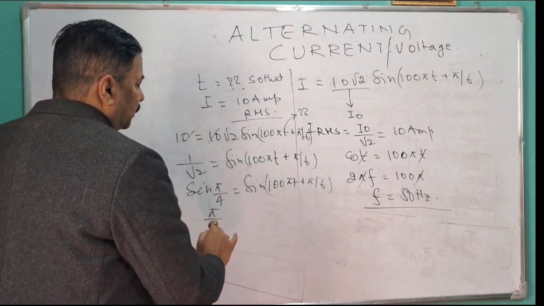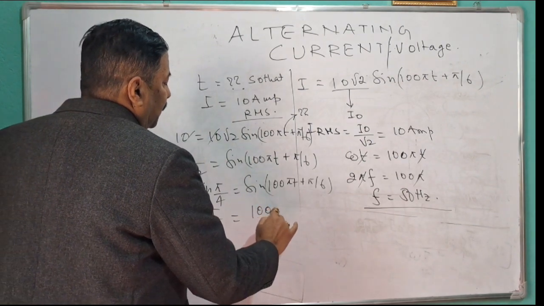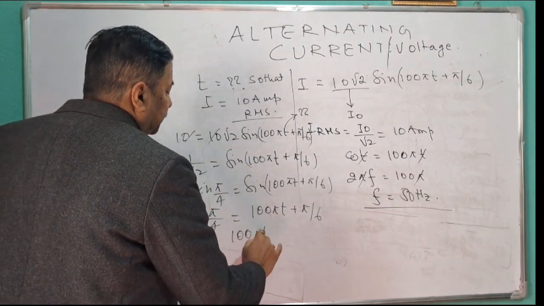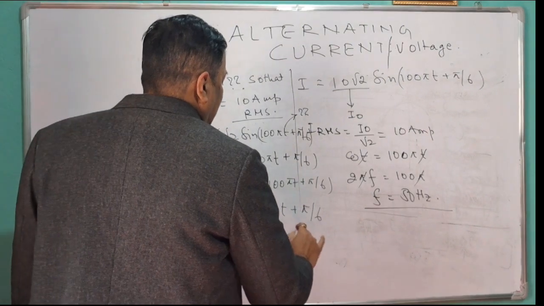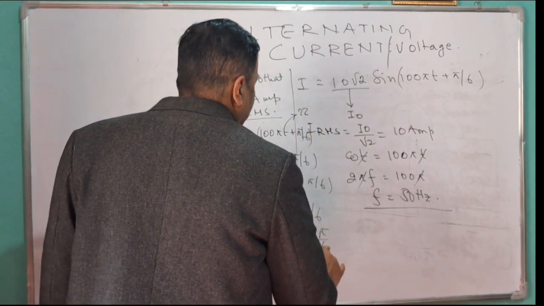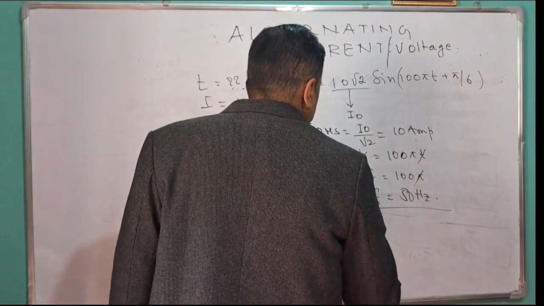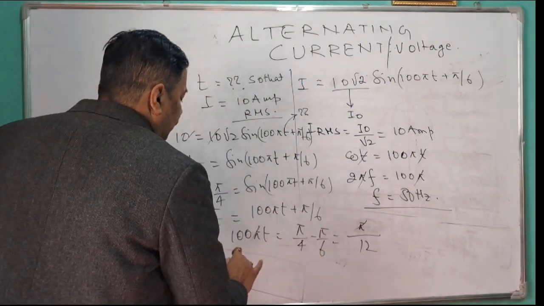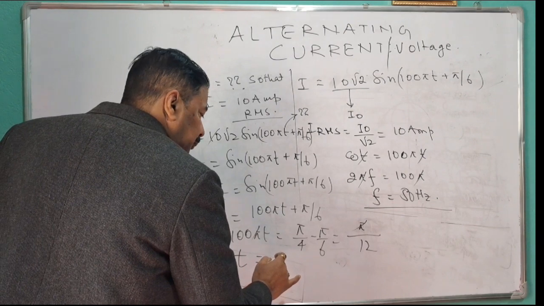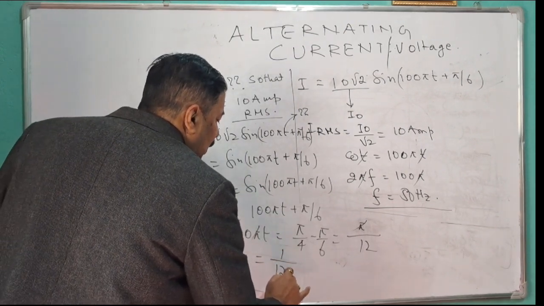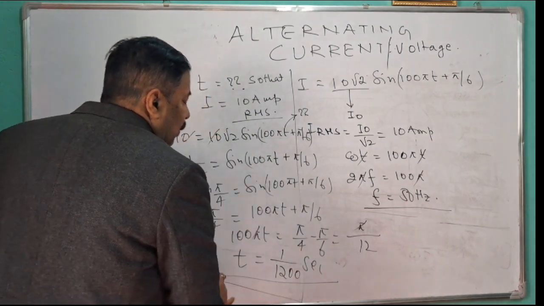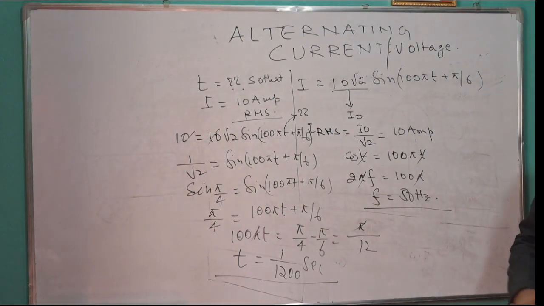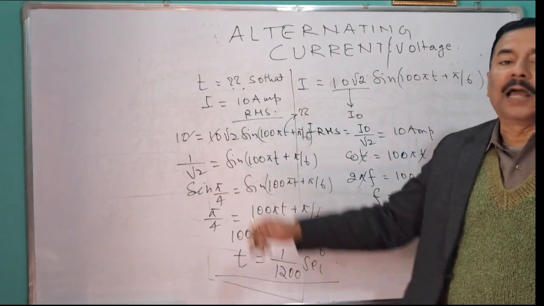So pi by 4 is equal to 100 pi t plus pi by 6. So 100 pi t is equal to pi by 4 minus pi by 6, which gives pi by 12. So pi will cancel and t is equal to 1 by 1200 second. So after 1 by 1200 second, the current will become 10 ampere.